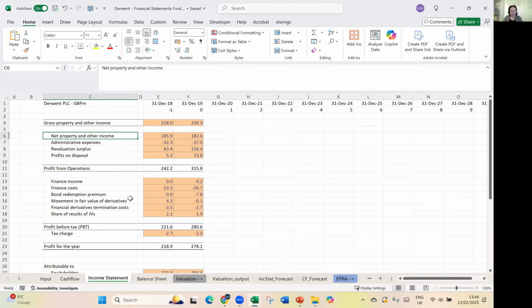Profitability. Again, when you talk about profitability, the interesting thing for us is to look at the revaluation surplus here, because if you are in a market where values will go up a lot, it might be that the company seems very profitable, but it doesn't mean that there's a lot of cash there, right?